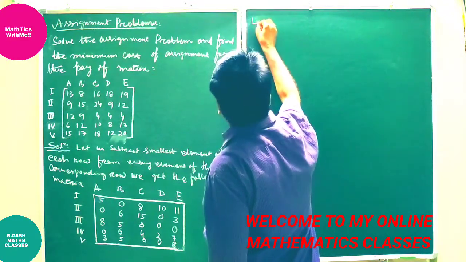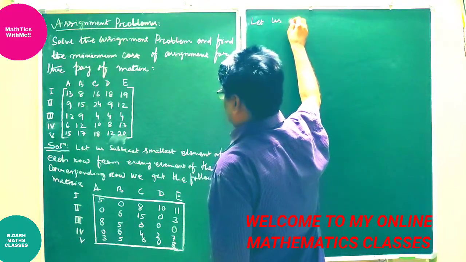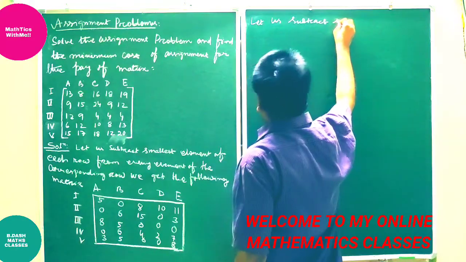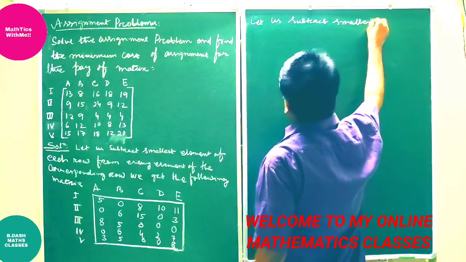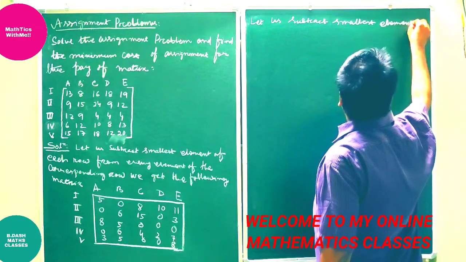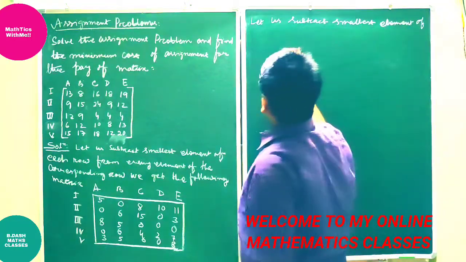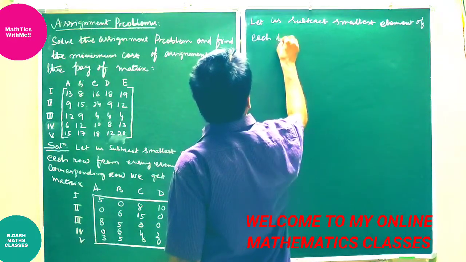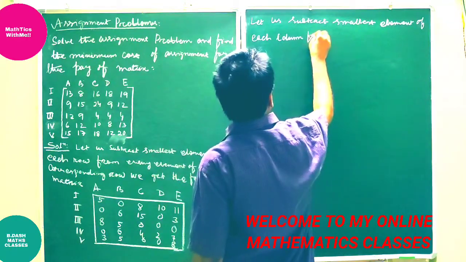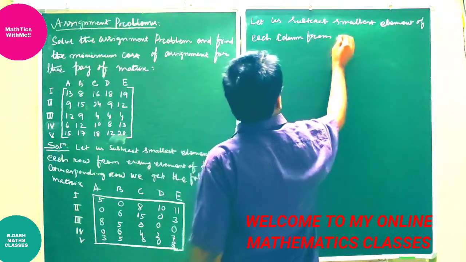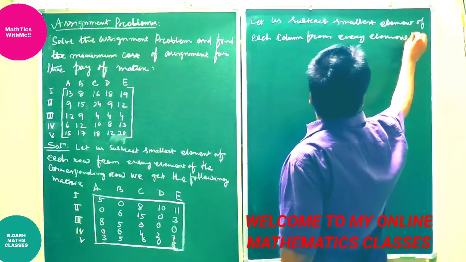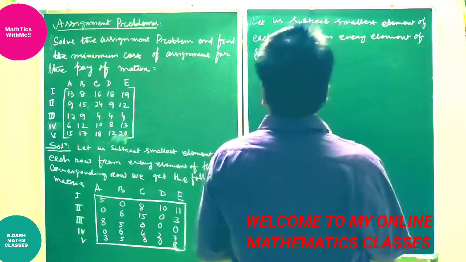Here, let us subtract the smallest element of each column from every element of the corresponding column.